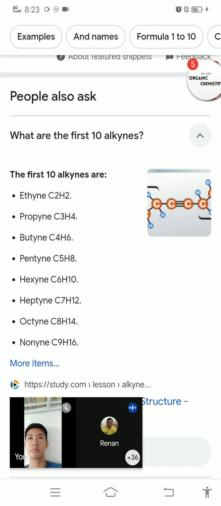So you have the alkyl group, you have the methyl, the ethyl, and then you have the propyl group, and in the propyl group we call others as isopropyl group. The butyl has a secondary and tertiary butyl. So it's really the structure that you need to remember as well.